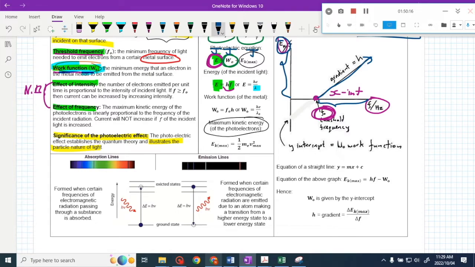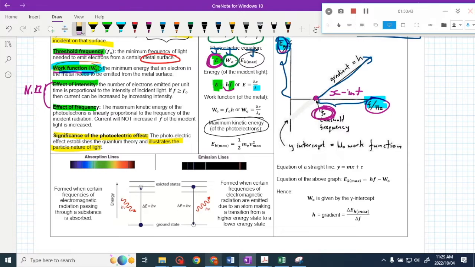Important question: is the kinetic energy of the photoelectrons directly proportional to the frequency of the incident light? Sergole says yes. Anyone say no? How do you know if it's directly proportional?